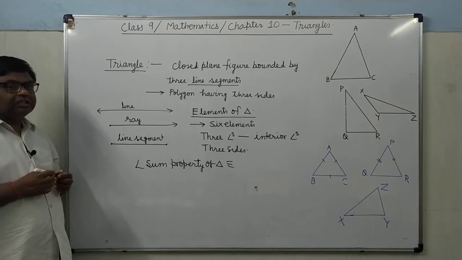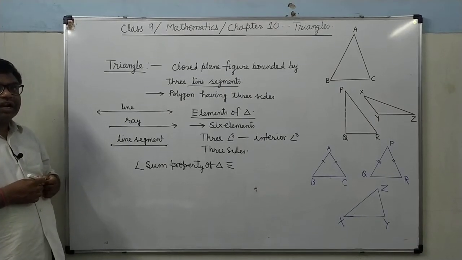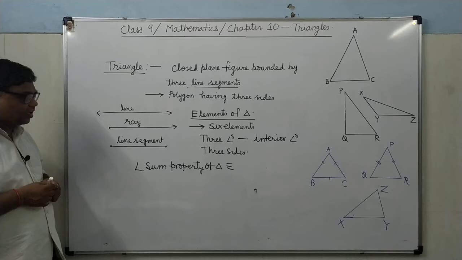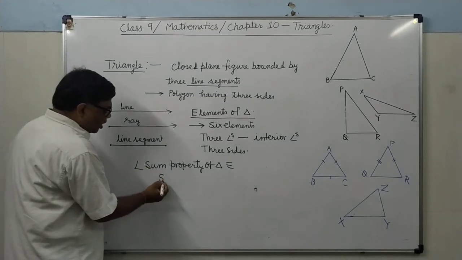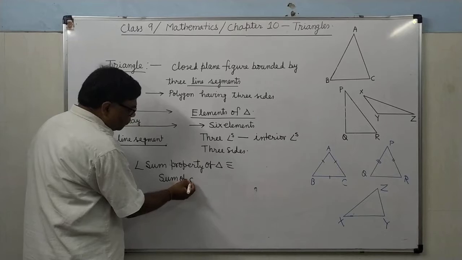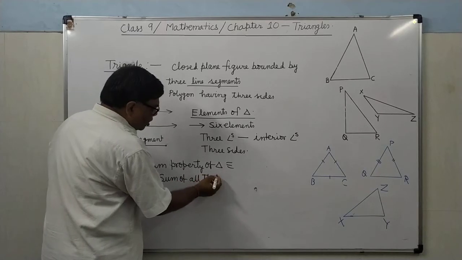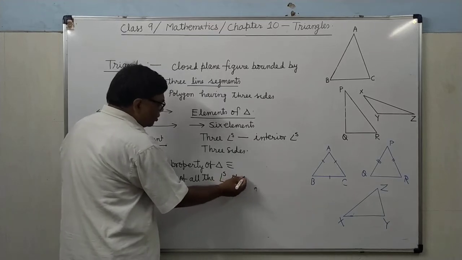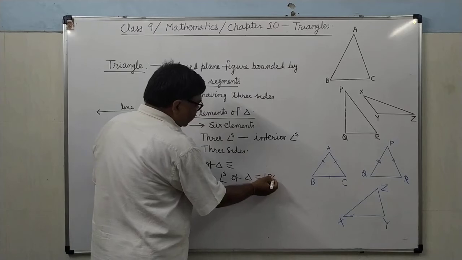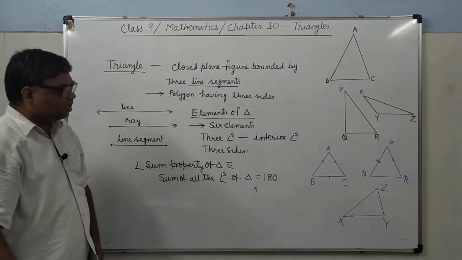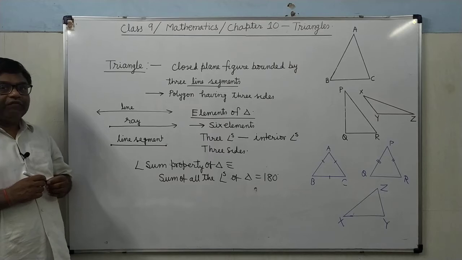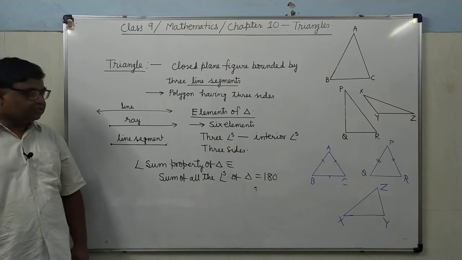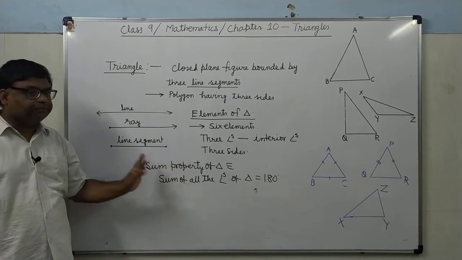It means the sum of all the angles of a triangle equals 180 degrees. If you find the sum of all 3 angles, it will not be more than 180 degrees, it will not be less than 180 degrees. It will be exactly equal to 180 degrees. Is it clear? So this is known as the angle sum property of triangle.